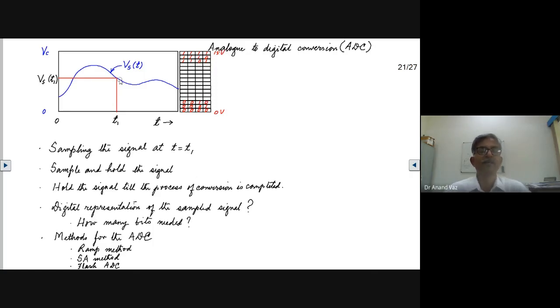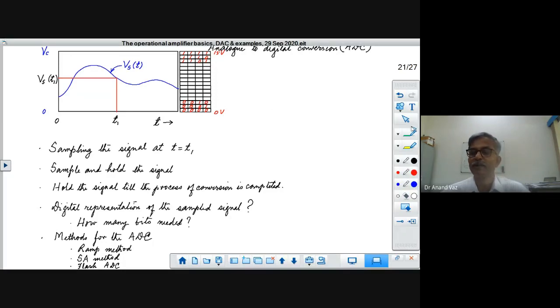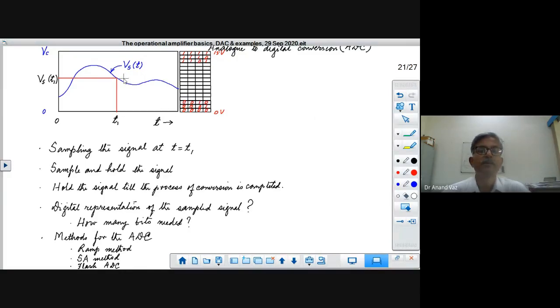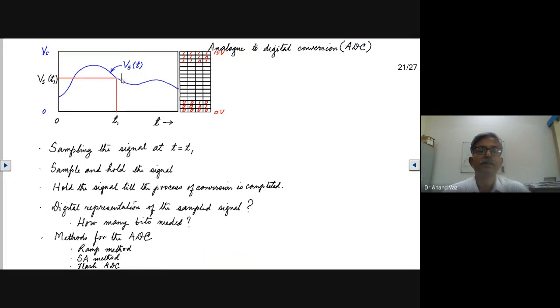Now this signal corresponds to a particular level, and we are interested in knowing what the digital representation is. Naturally, this signal represents this value. Now it depends whether it is on the lower level or the higher level.